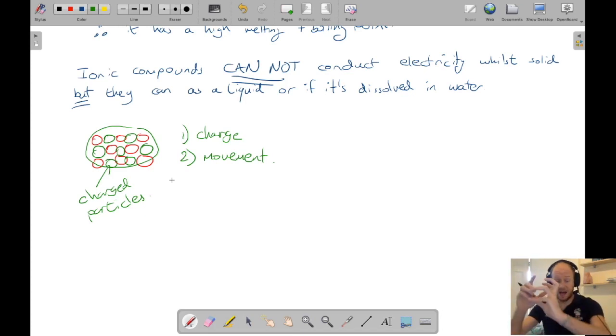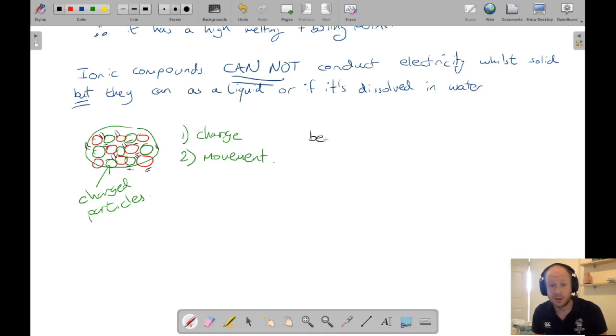This means that we've got charge. So the first thing to have electricity, yep, totally. Second thing though, do we have movement? No. These particles are stuck where they are. They can only vibrate. That's it.